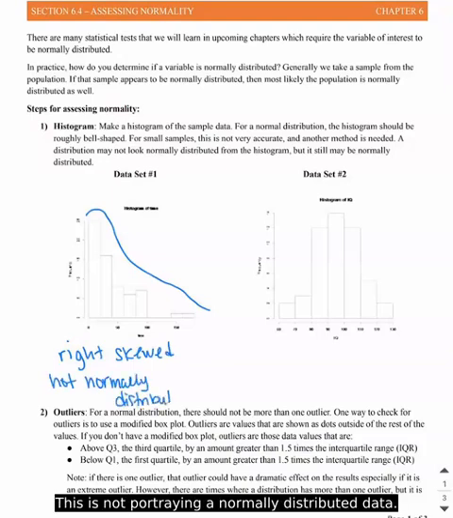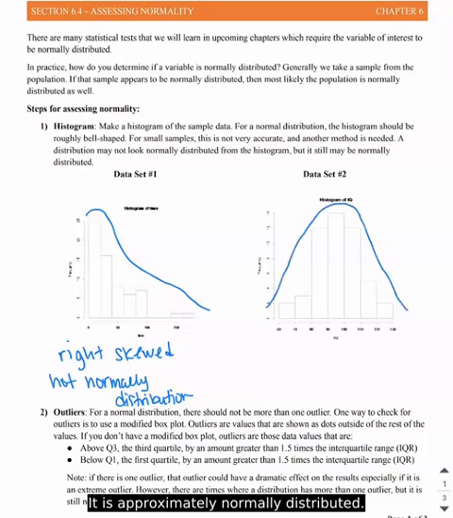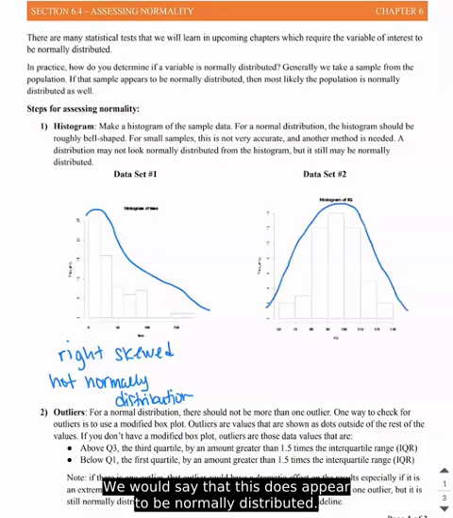This is not portraying normally distributed data. If I look at data set 2 and draw a curve to it, it is approximately normally distributed. So we would say this does appear to be normally distributed.